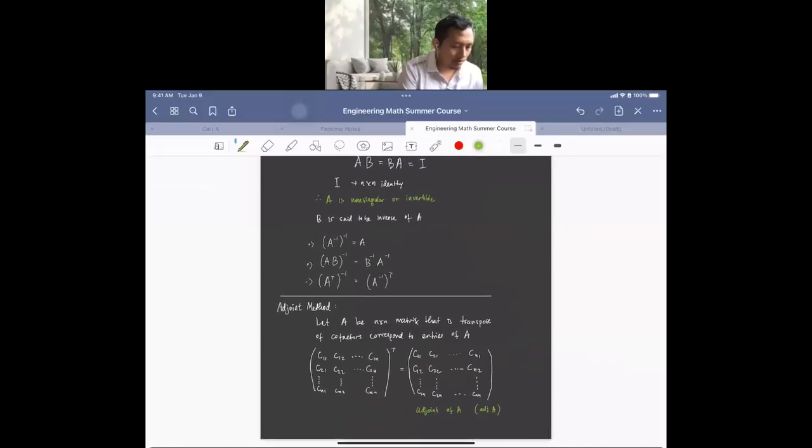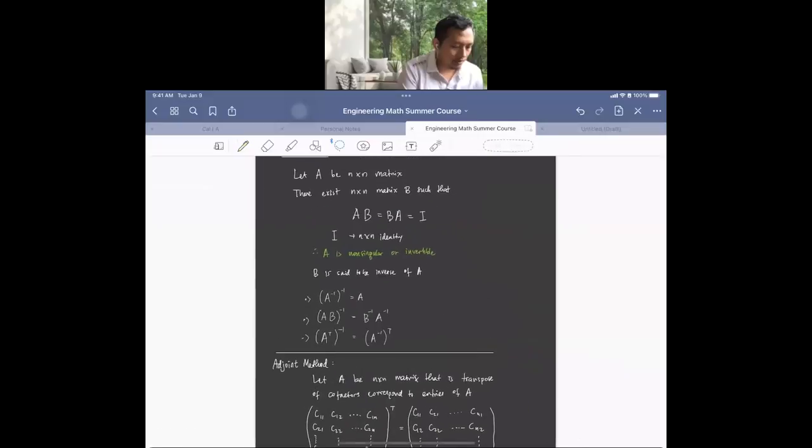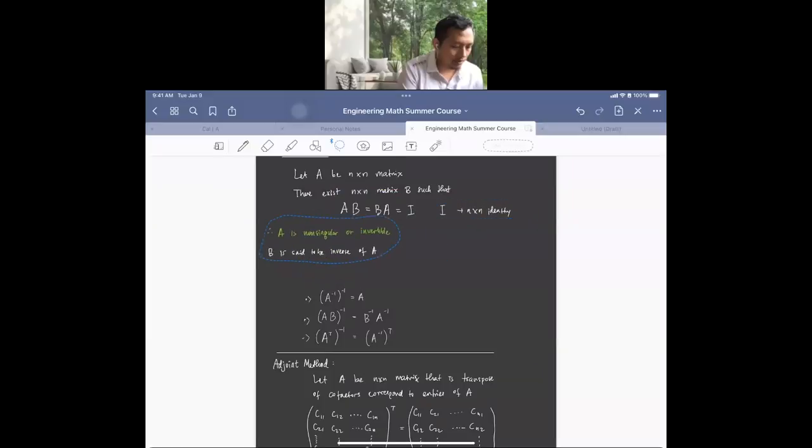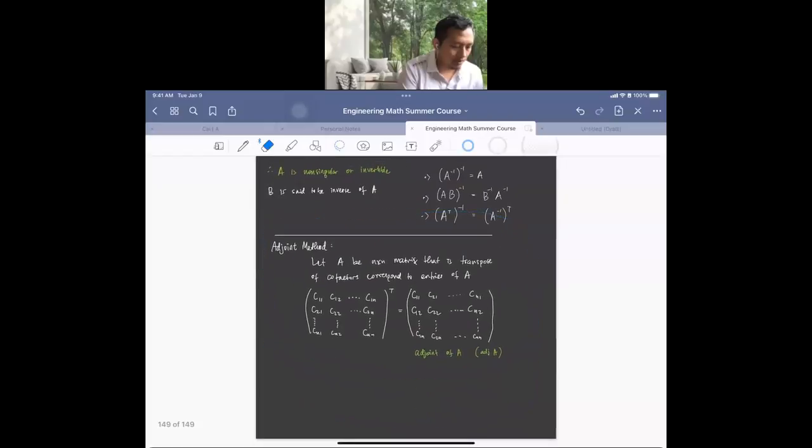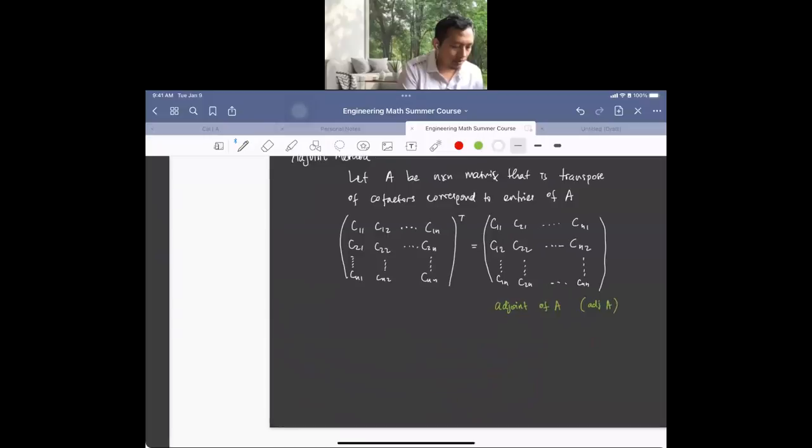Now from this adjoint, I will make it in one page so you can see.